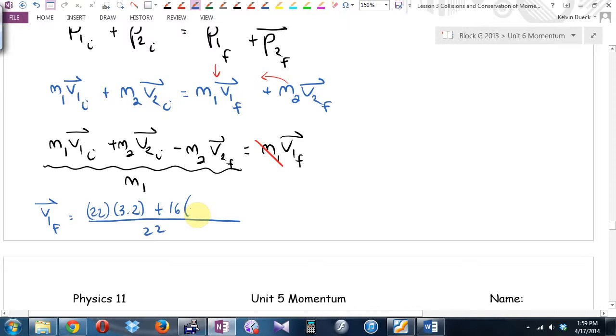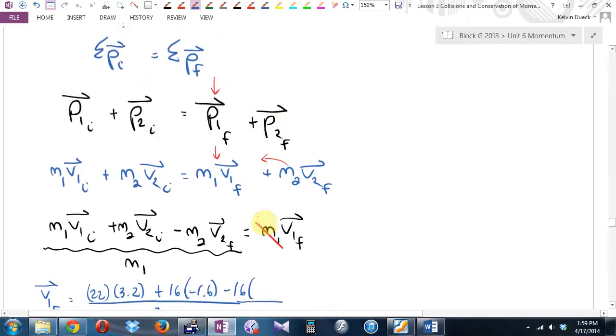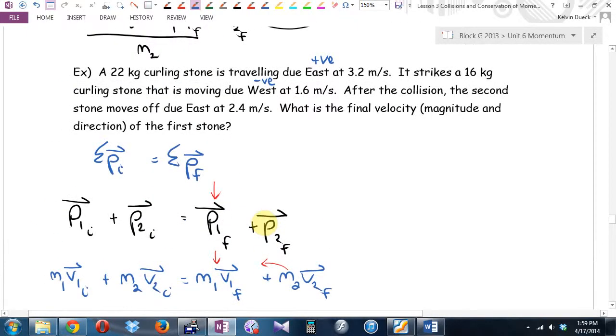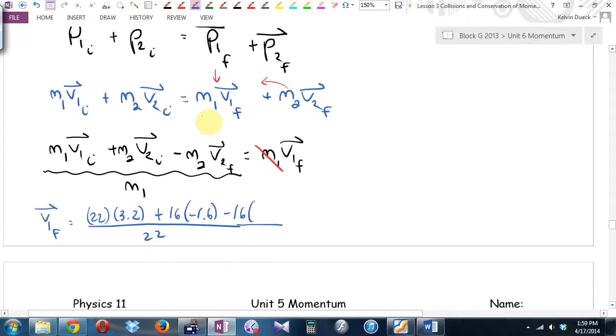To the west, negative 1.6. Take away, m2 was 16. What was v2 final? And be careful with signs. Is it to the west? It's 2.4, and to the east, so positive. Is there more than one number on the top? Better put the whole thing in brackets and then divide by the mass.